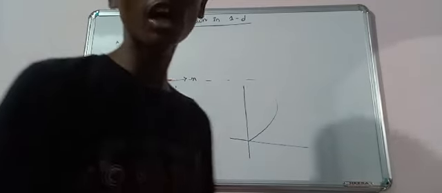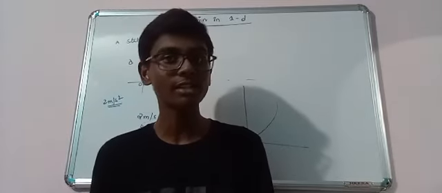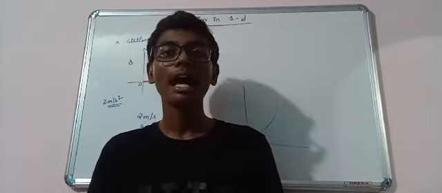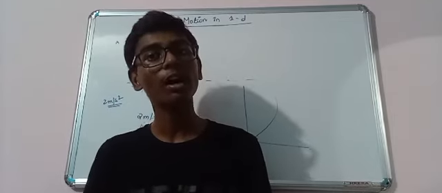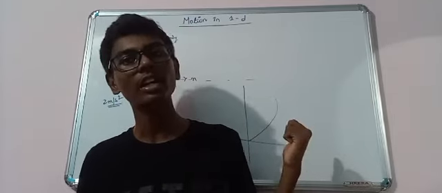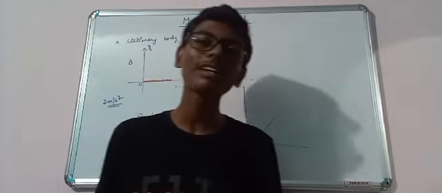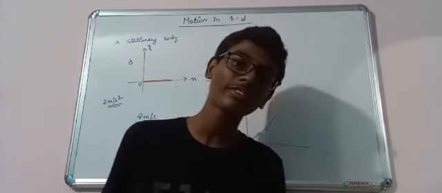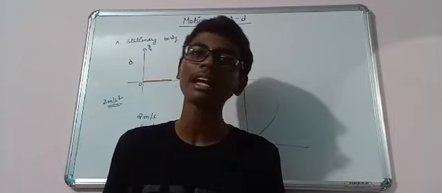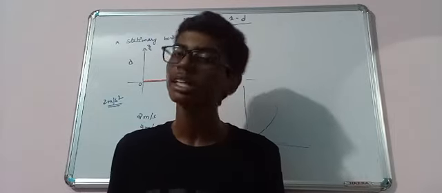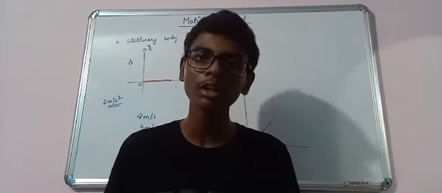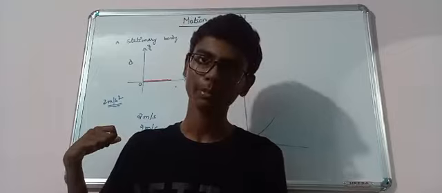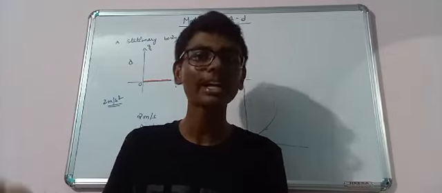So this was all for today. We will be doing the numericals of this particular chapter. At first I'll explain all the 3 types. The first type I have already explained today. The other 2 types I will explain in my next videos. Then we will do some numericals, and then the interesting part, the derivation of the 3 formulas that I showed you in my previous video, by the graphical method.